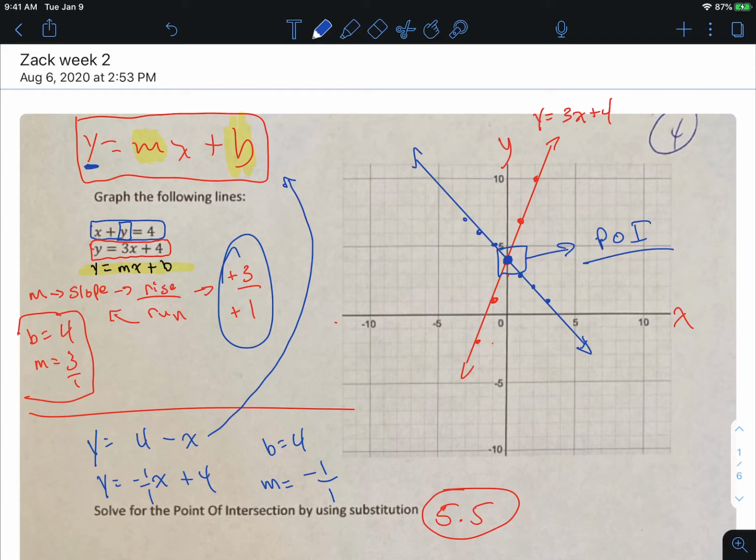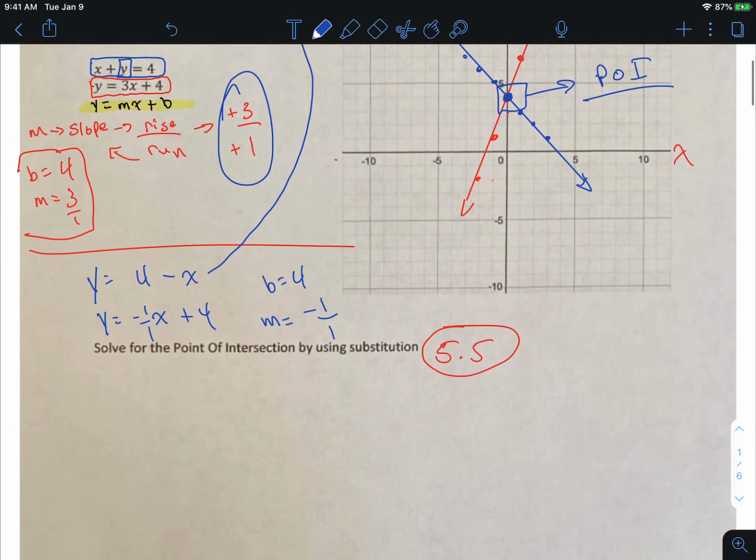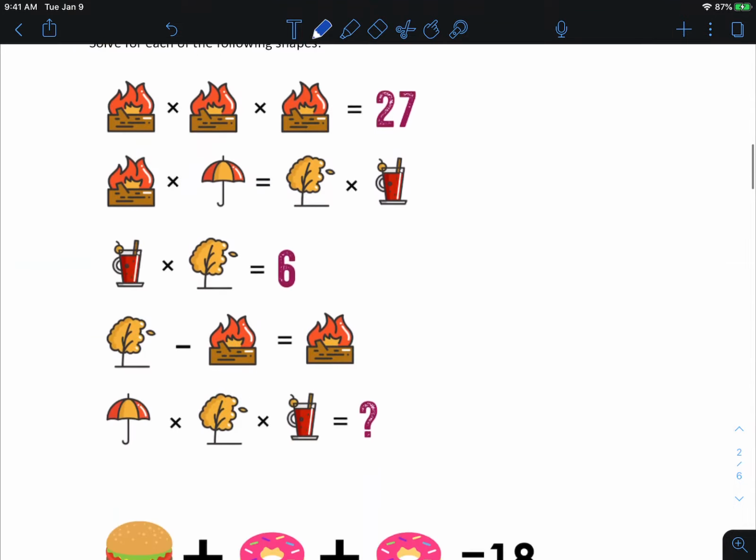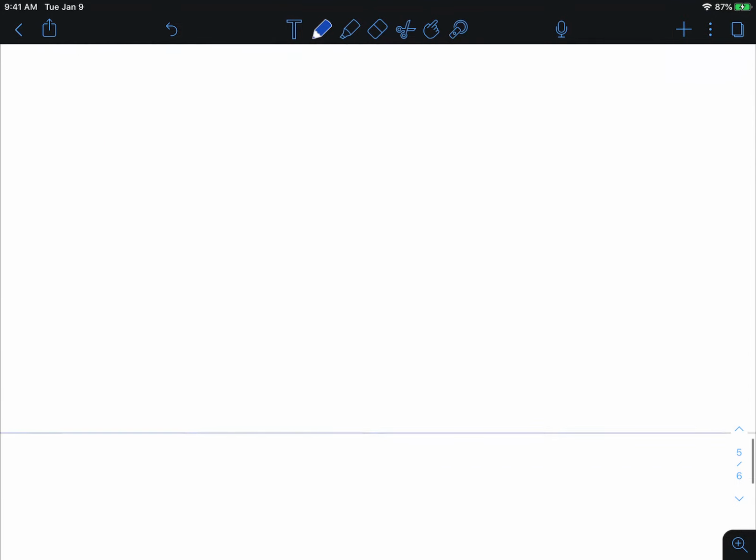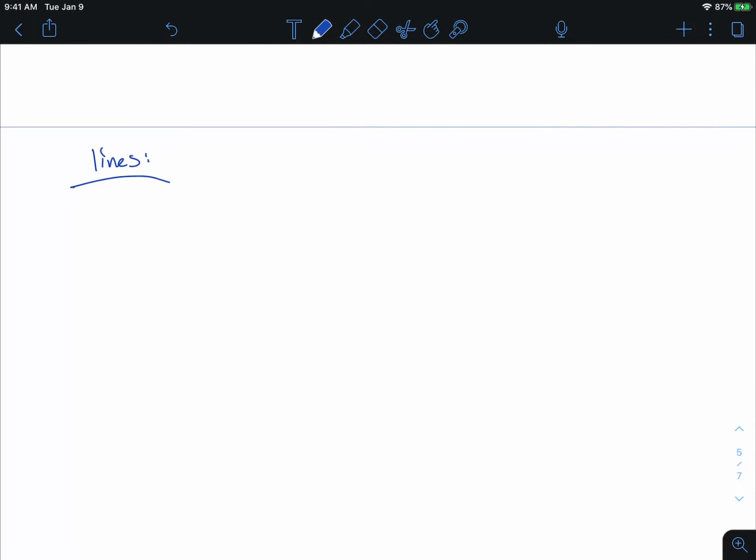For the purposes of a test, there are 3 ways to do this. Where am I going to write this? I'll go all the way to the bottom. You could copy this later or something. So when you're dealing with lines, there are 3 ways.